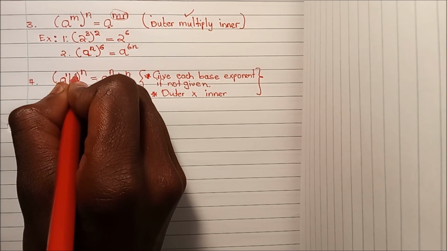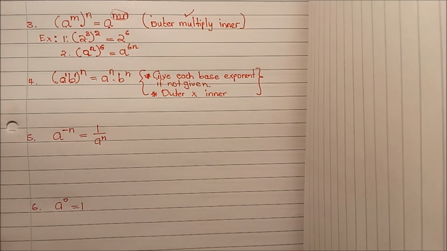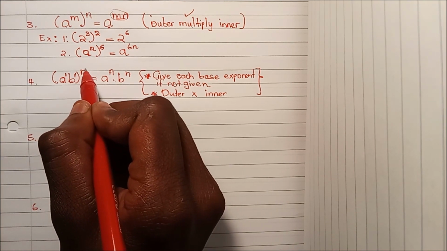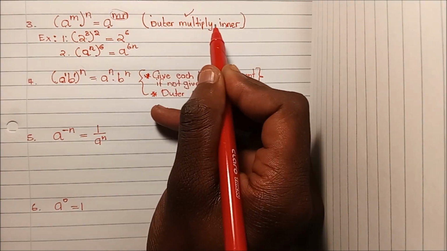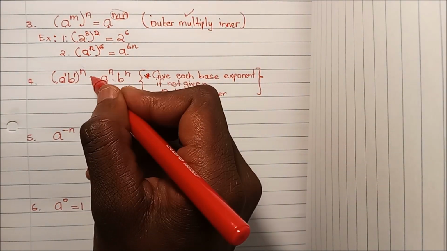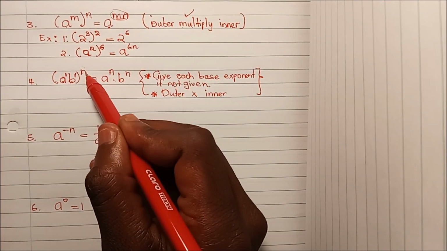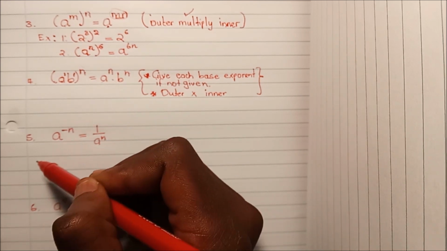It's going to be 1. So this is where you start. If the exponent is not given, give it the exponent. So now let's check. Using the third law, which says outer multiply by inner, we will have n multiplied by 1, that's going to be n. And then we will have n multiplied by 1, that gives us n. Remember the bases, they remain the same.